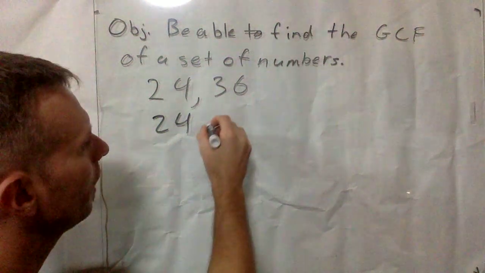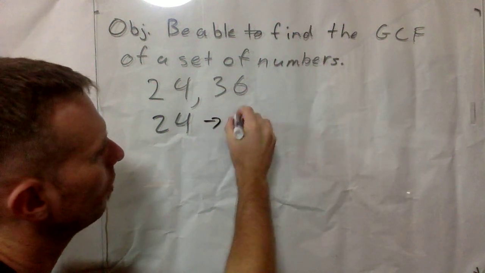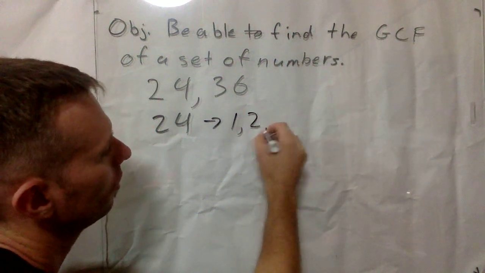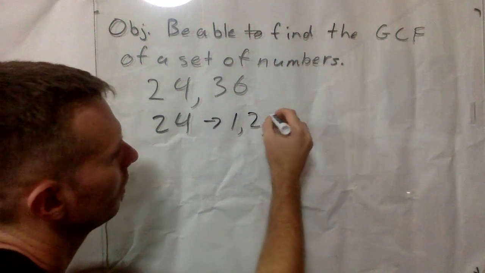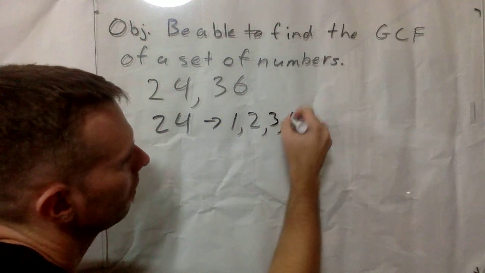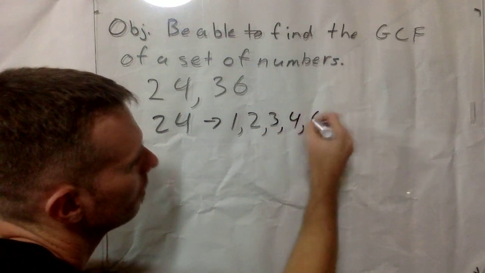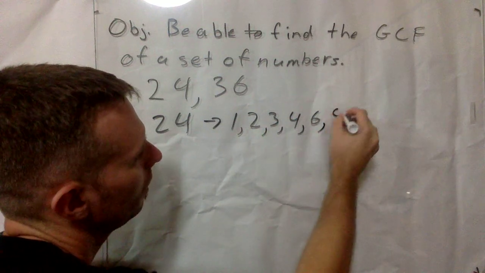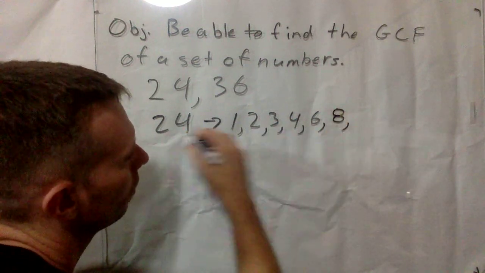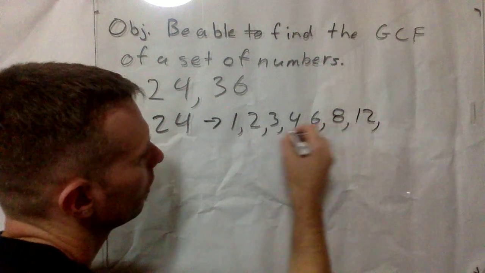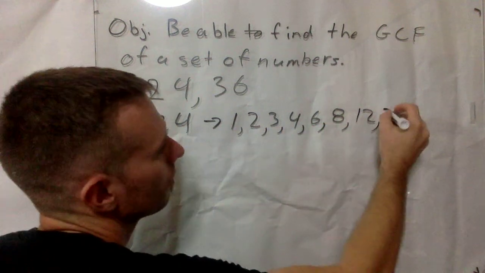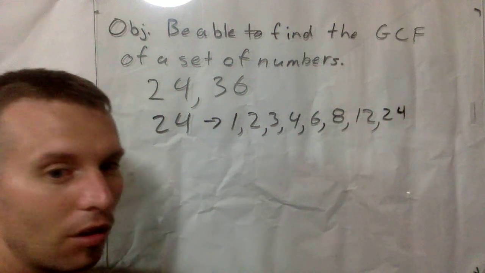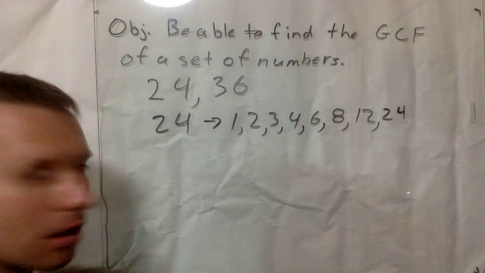Okay, so the factors of 24 are 1 times 24, 2 times 12, 3 times 8, 4 times 6. These are all of the factors for 24.